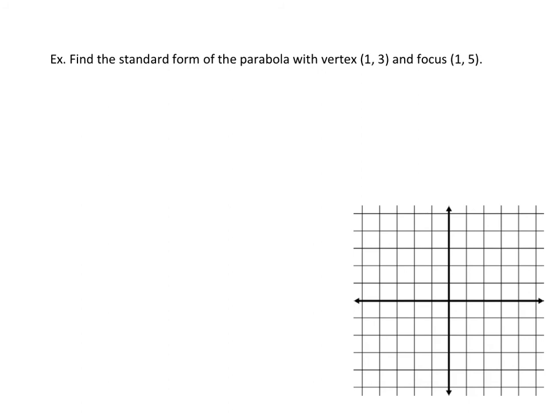Write the standard form of a parabola with vertex 1, 3. Again, always start with a picture. Focus at 1, 5. So we know this parabola opens up. The focus has to be inside the bowl. I need to figure out h, k, and p. Well, p is going to be 2, distance from the vertex to the focus.